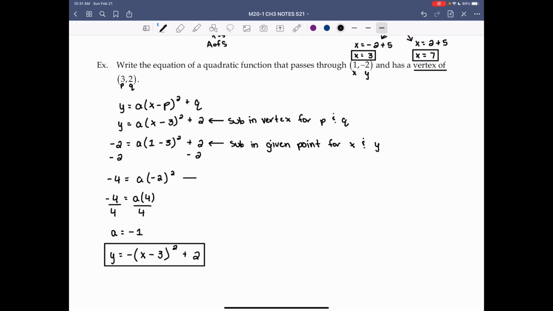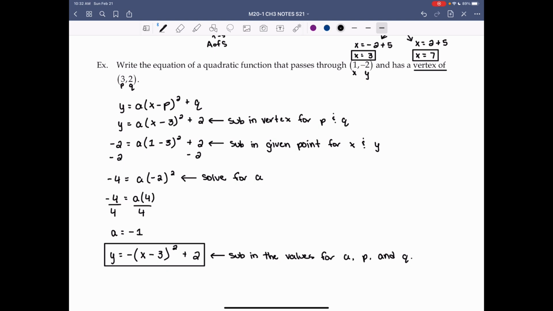Then we solve for a. And then finally, to write our equation, we sub in the values for a, p, and q.